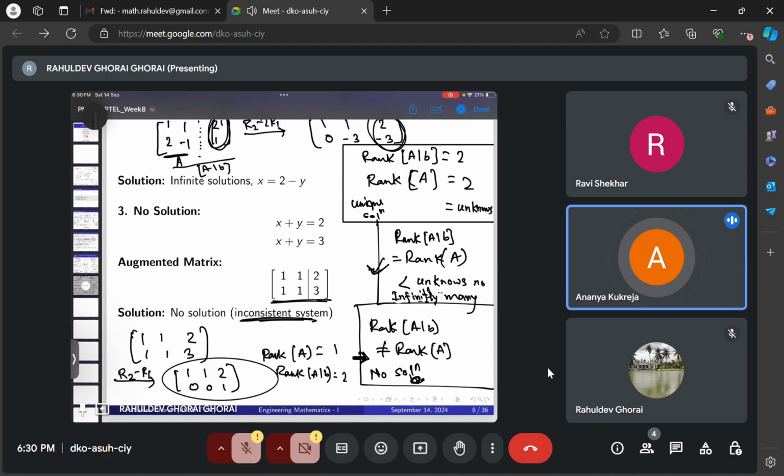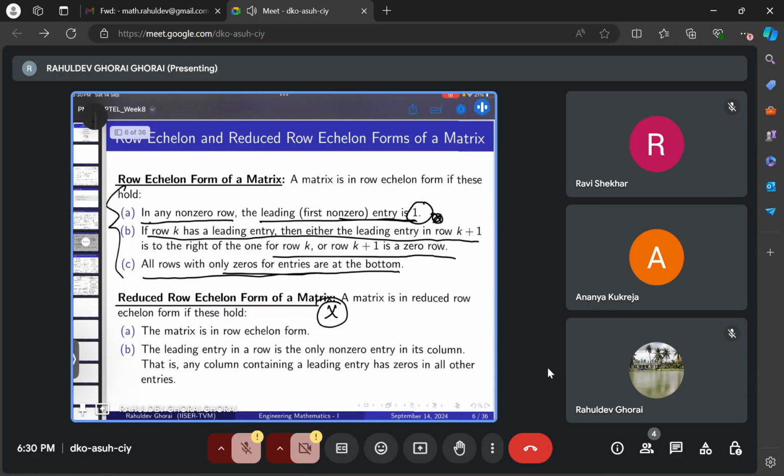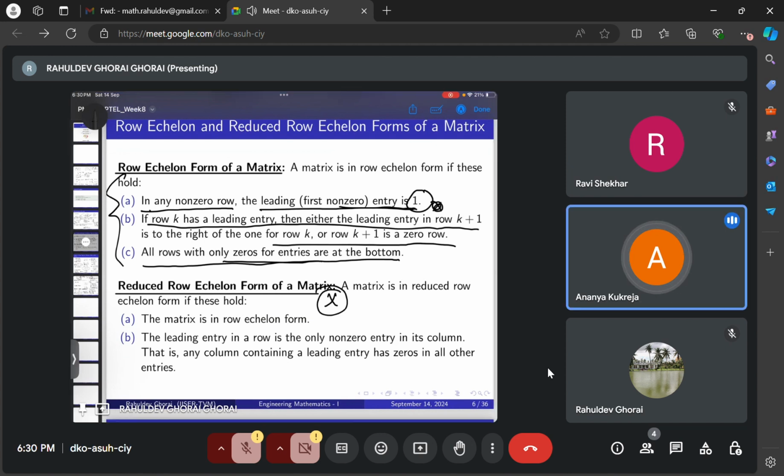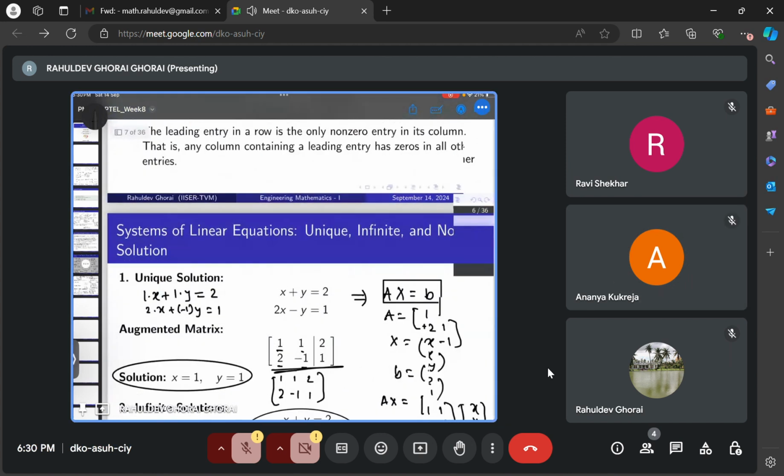Is that also applicable? No, no need for that. That's what I said: there is reduced row echelon form and row echelon form. For rank, you need to know only row echelon form. Reduced row echelon form is not needed. Okay, sir, thank you.